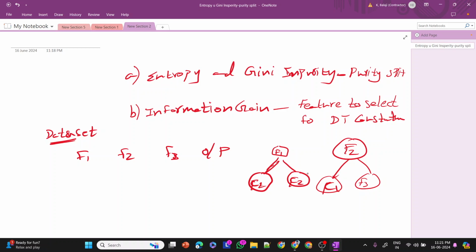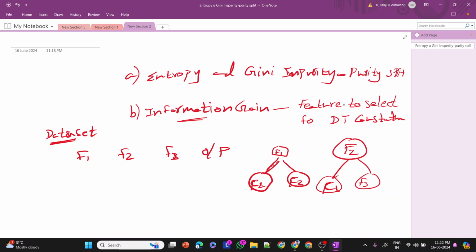Like this, we can start our decision tree, but we do not know which is the best option. Let's start with F1, or otherwise we can start with F2. Which one is best? To find the best feature to start with, to split with, we use information gain.